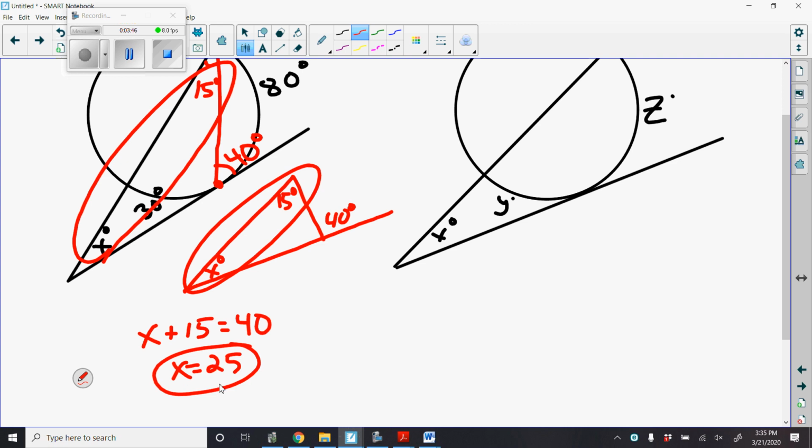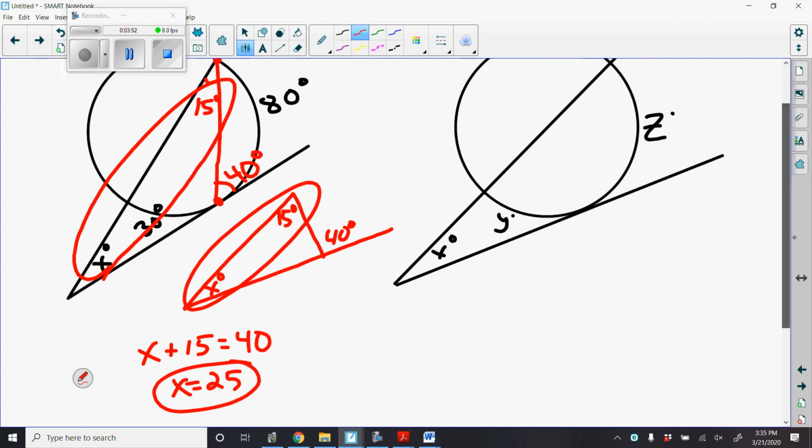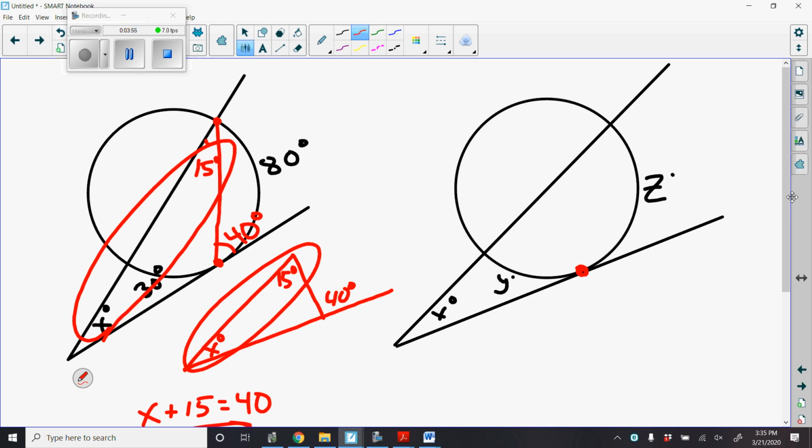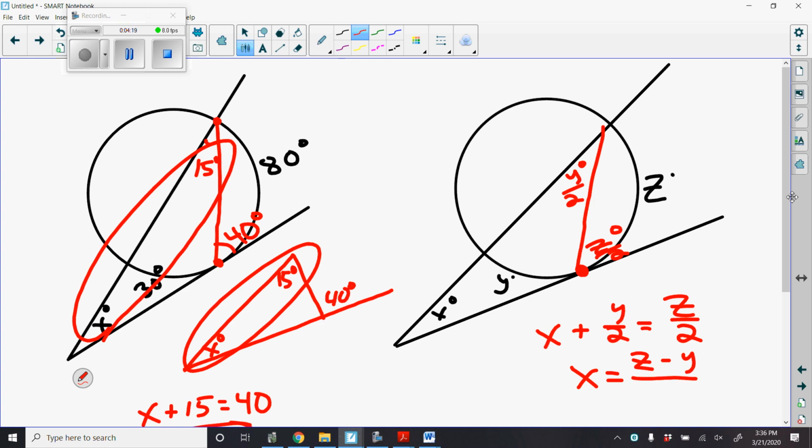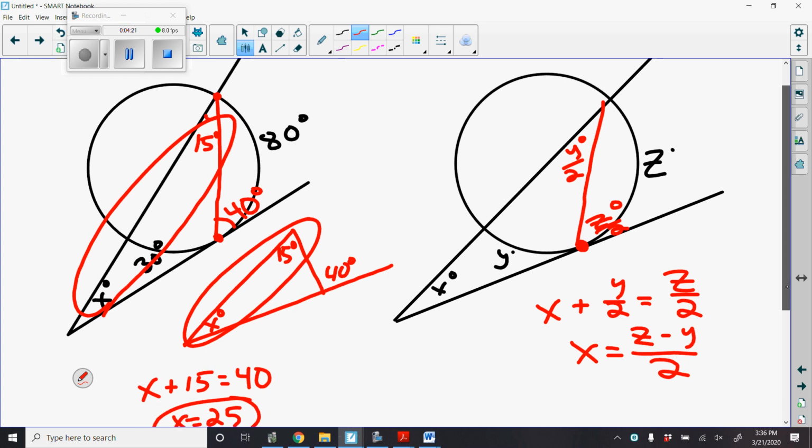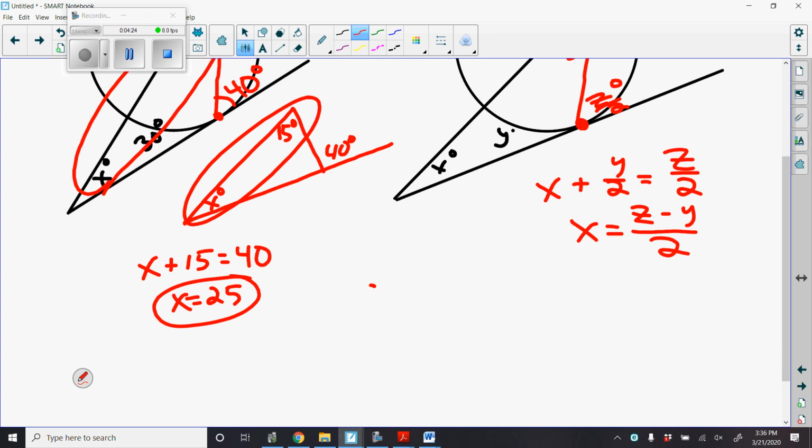Okay, just to confirm that that has to be true on all of them, let's do it with the letters. Again, with the letters, I'm just confirming that it works for any numbers. I know that this angle has to be z over 2 degrees. I know that this angle has to be y over 2 degrees. And x plus y over 2 must equal z over 2. So I get x equals z minus y over 2. And again, here's how I want to think about this with secant tangent exterior.